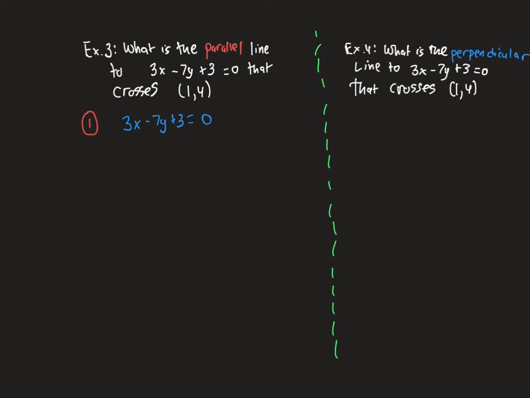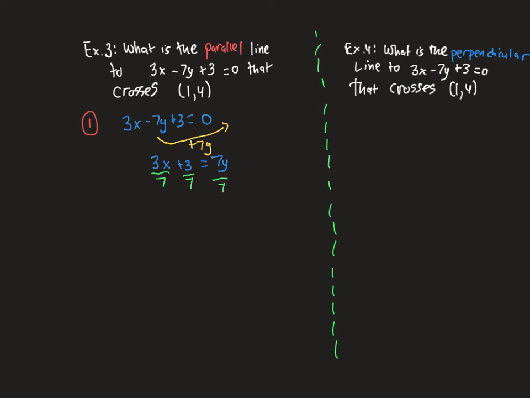So I'm going to move the 7y to the other side. It'll become positive. All right, so when I do that, you're going to get 3x plus 3 is equal to 7y. And then I'm going to divide both sides by 7. Now when I divide both sides by 7, I'm going to divide them all individually.